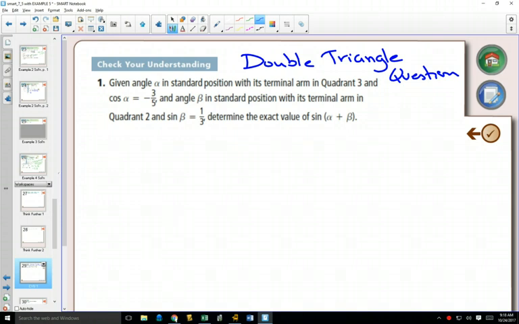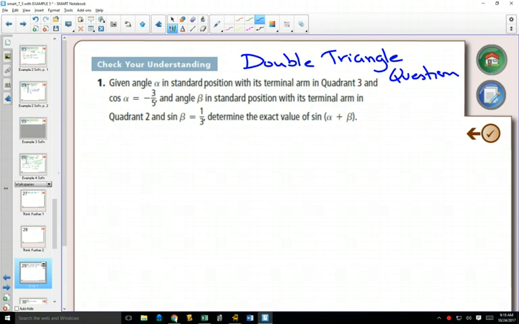So it looks scary because we have two angles. In all of these double triangle questions, they start off like our normal triangle questions. You get a trig function. We've got cos of alpha is -3/5. You will get another piece of information that tells you what quadrant that angle alpha is in.